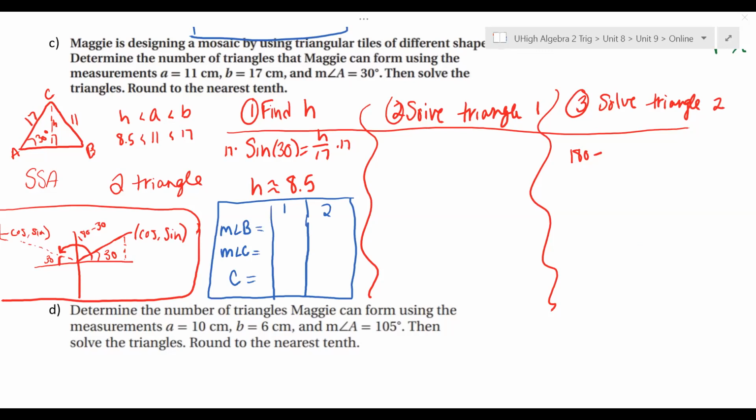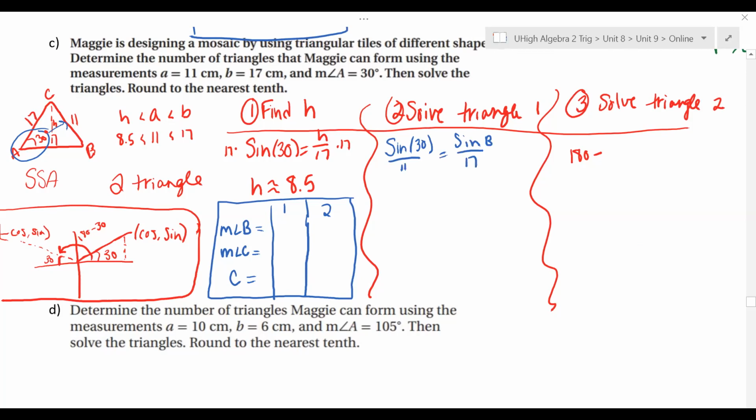So if I'm solving for the measure of angle B, I want to look first, what do I know the angle and the side length of? Well, I know angle A and I know side length A. So I'm going to set this up with the sine of 30 over 11 equal to the sine of B over my side length B, which is 17.